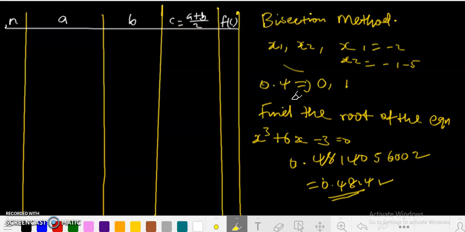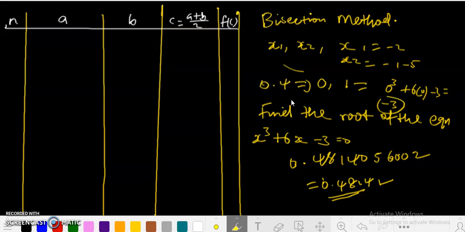So the given equation is x cubed plus 6x minus 3 equals 0. Let us evaluate when x is 0. This will simply be 0 cubed plus 6 multiplied by 0 minus 3, and if you evaluate that, you will simply get negative 3.